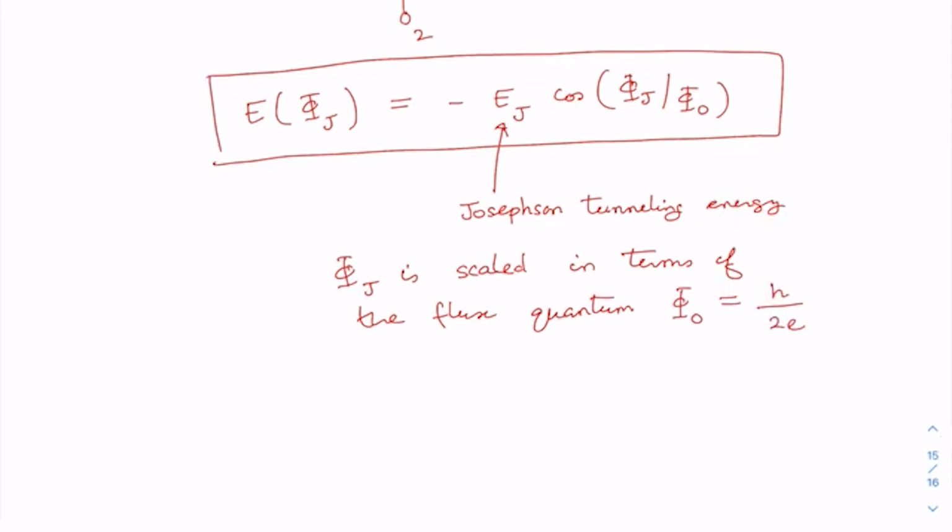Now after having this energy function, we can write down the Hamiltonian for the transmon qubit. The circuit diagram for the transmon qubit is this. We have this capacitance and we have a nonlinear inductor now.